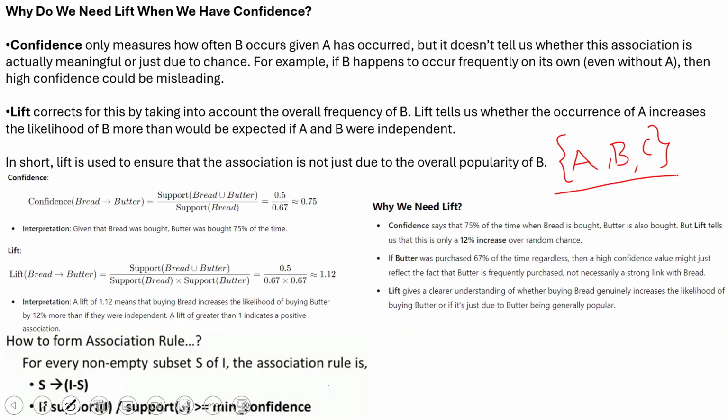So this is the whole item set space for this particular item set, and I'll take one out of it. I'll take S, which is a subset of I, and I'll map S with I. So the association rule actually looks like this: S implies I minus S. This is the antecedent and this is the consequent. Okay, I minus S is the consequent.